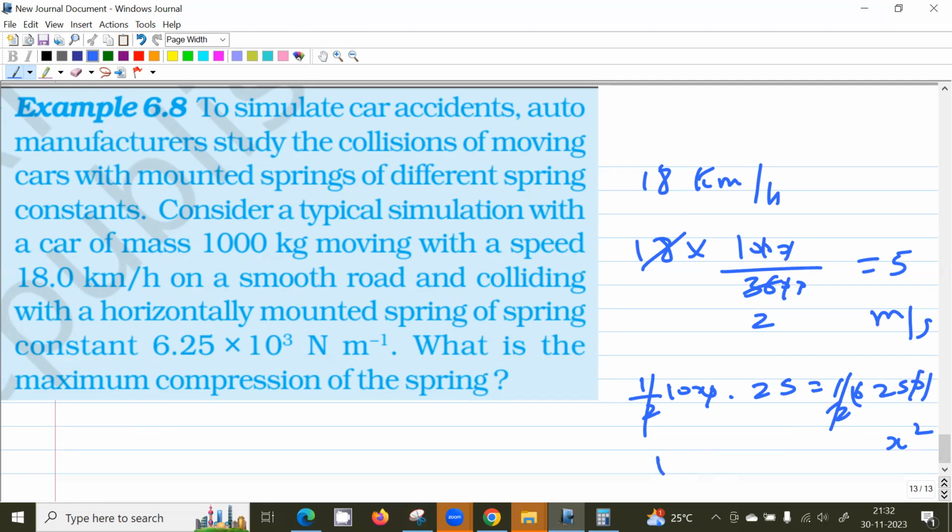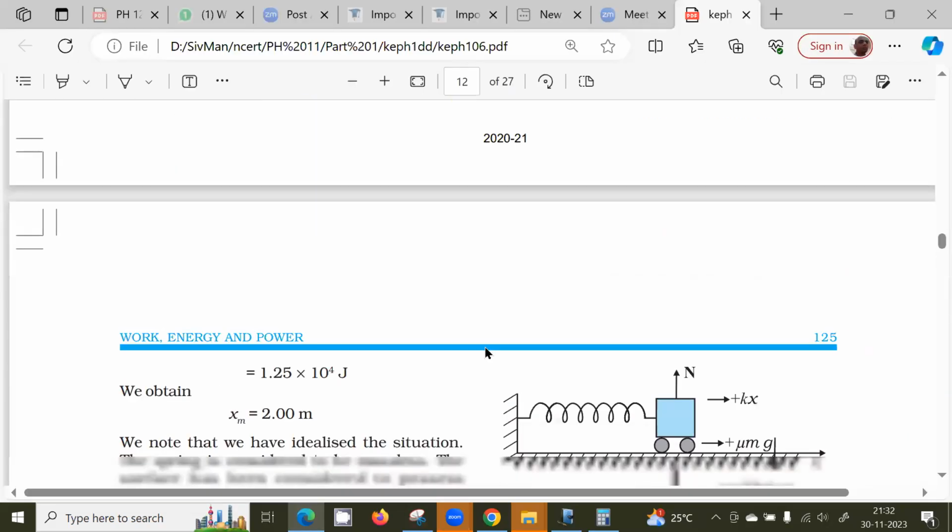Taking the square root of 10 into 5 equals 625 is 25 into x. So x is 2 root 5. I'm getting 2 root 10. No, sure, it's wrong.